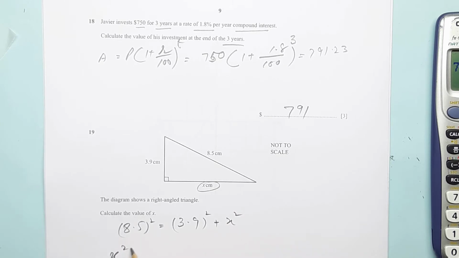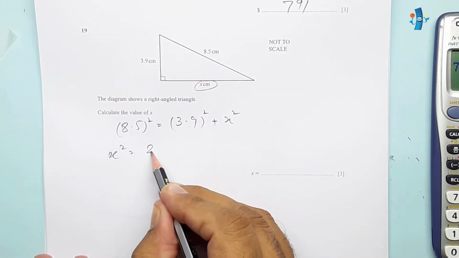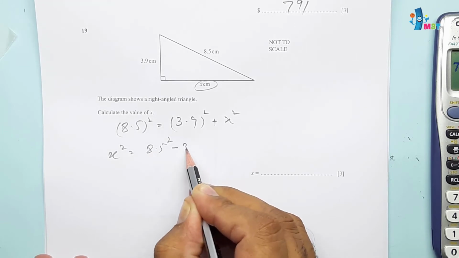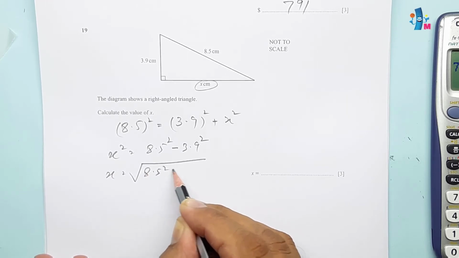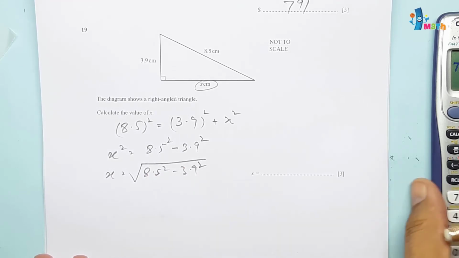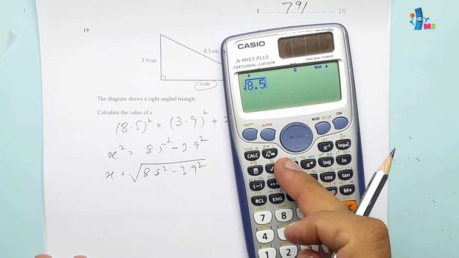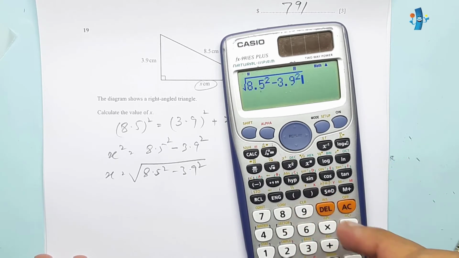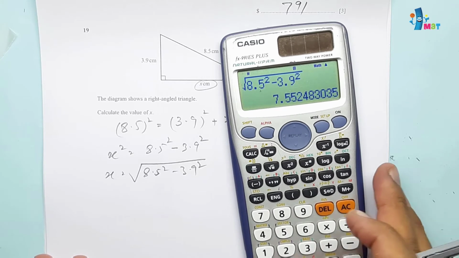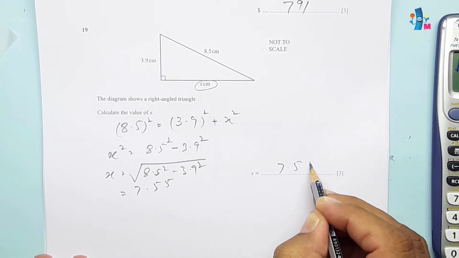So x squared will be equal to 8.5 squared minus 3.9 squared, and x will be equal to under root of 8.5 squared minus 3.9 squared, and the calculator will be helping us. This will be equal to 7.55. So answer will be 7.55.